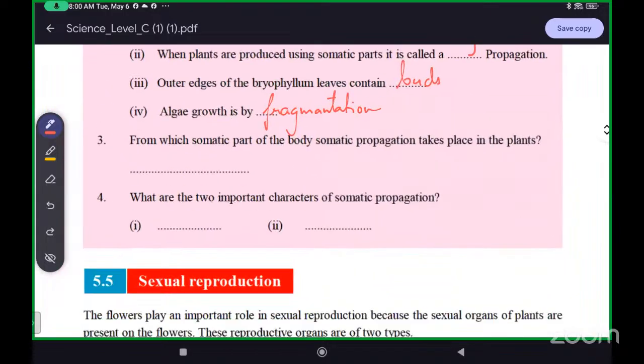From which somatic part of the body does somatic propagation take place in plants? It can be more than one part.